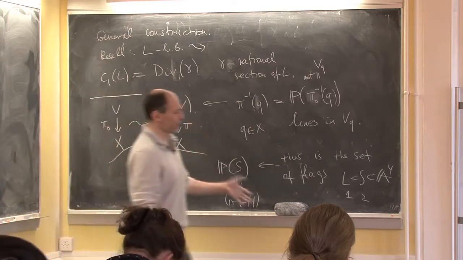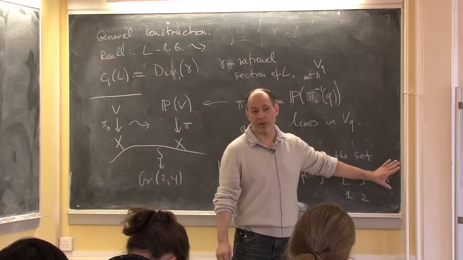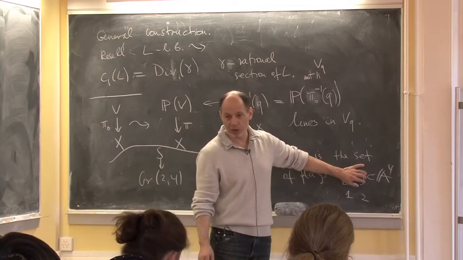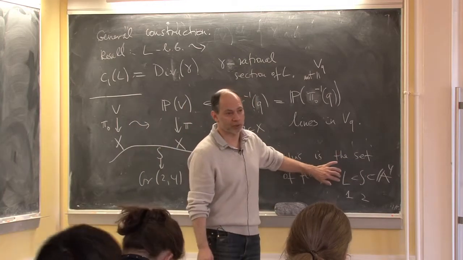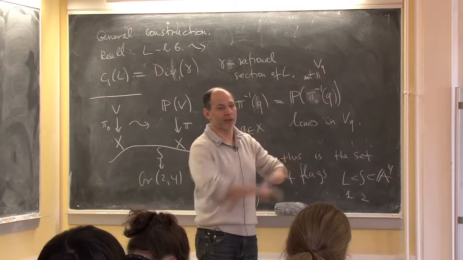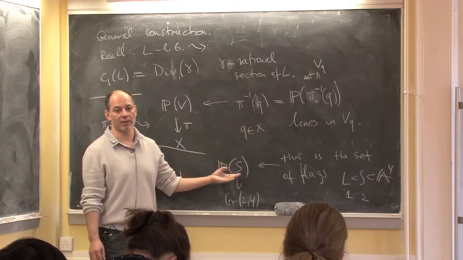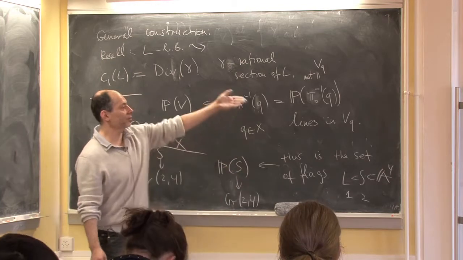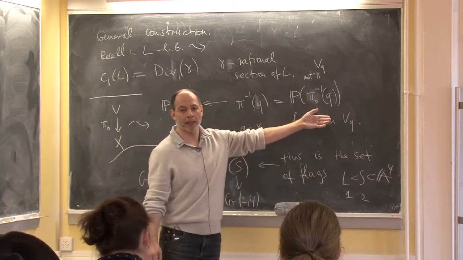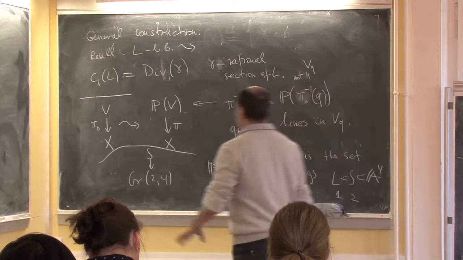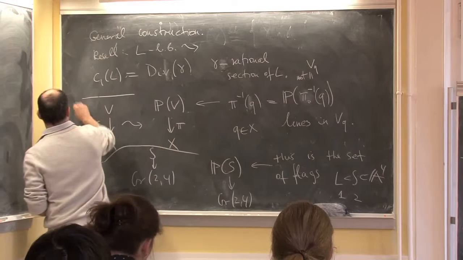So you fix a four-dimensional linear space, and you look at the total set of possibilities of choosing a two-dimensional subspace, and then in the two-dimensional subspace you choose a one-dimensional line. And you take the set of all these, it turns out to be a beautiful compact variety, and that's what this P(S) is here, for example. And you can, of course, do this in general. Okay? Now, what is important here, this goes under projectivization.